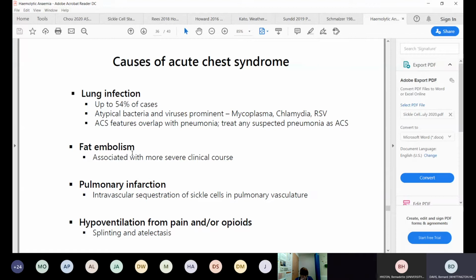And then you can have episodes of fat embolism where globules of fat escape from necrosed marrow and embolize to the lung. You can have pulmonary infarction. You can have chest syndrome occurring if they've had too much opiates and they're drowsy, or if they're unable to take deep breaths because of pain in the chest or thoracic spine, and therefore they're splinting that side of the chest.